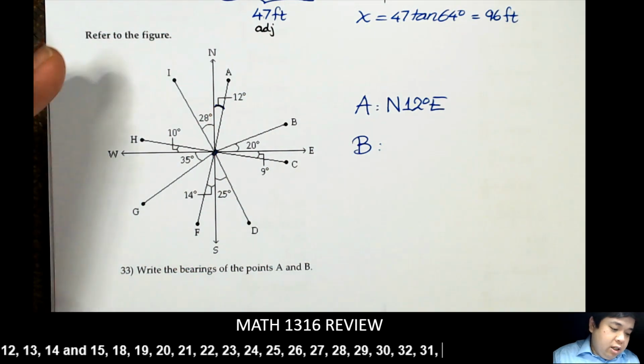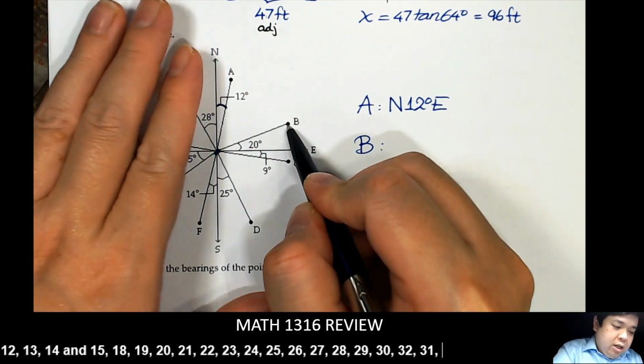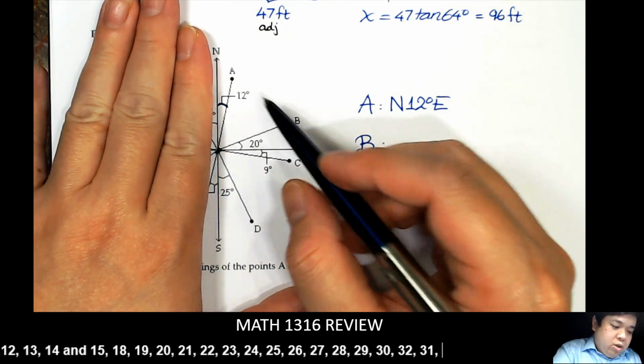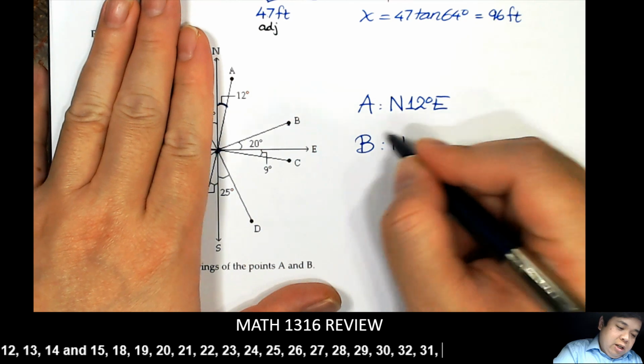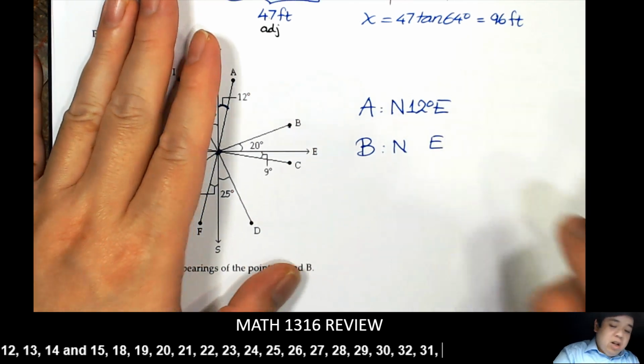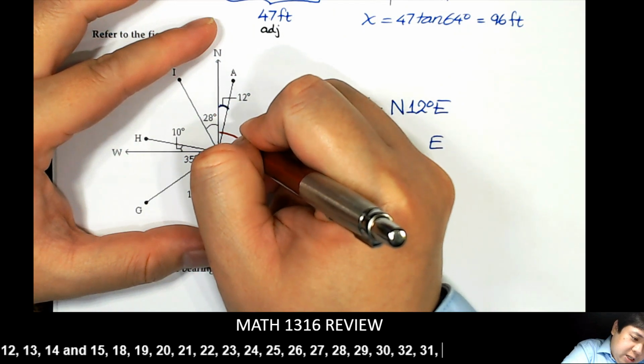Point B is here. So this is with respect to north, and we go some angle on the east side. We just need to determine the angle. So we go from north here.